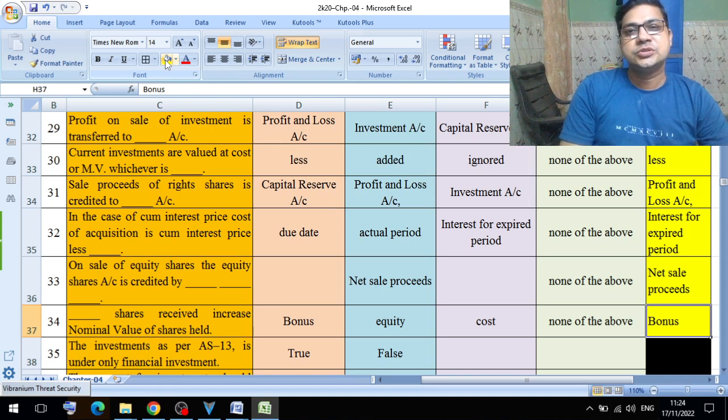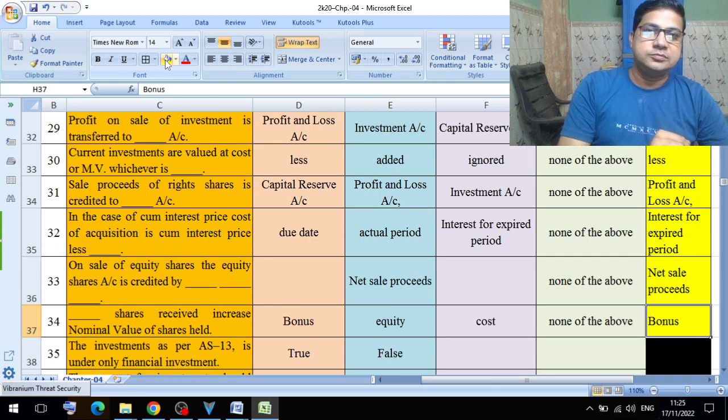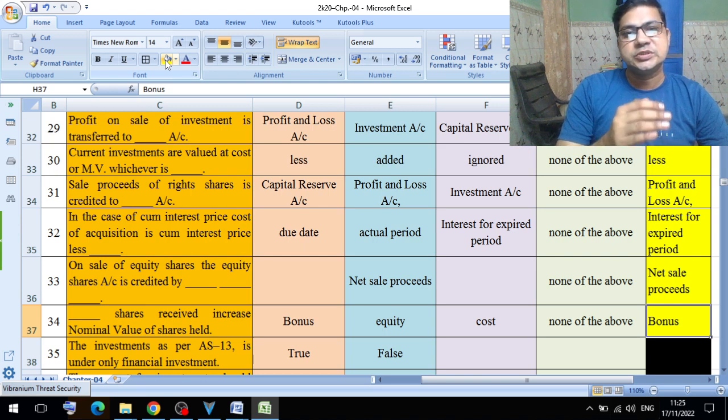You should focus and you have to clear your concept. Without knowing the concept, you cannot solve objective questions. Objective questions are conceptual based questions.